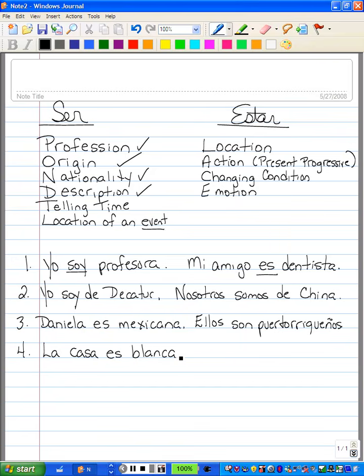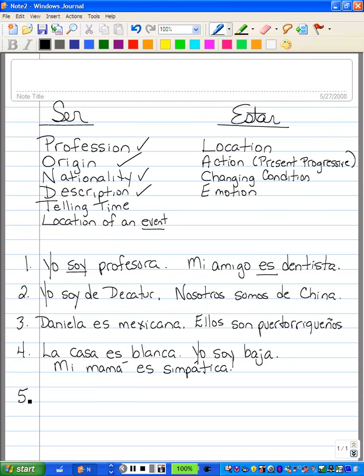Or you could say yo soy baja, I am short. Or you could say mi mamá es simpática. That says my mom or my mother is nice. So any kind of a description.